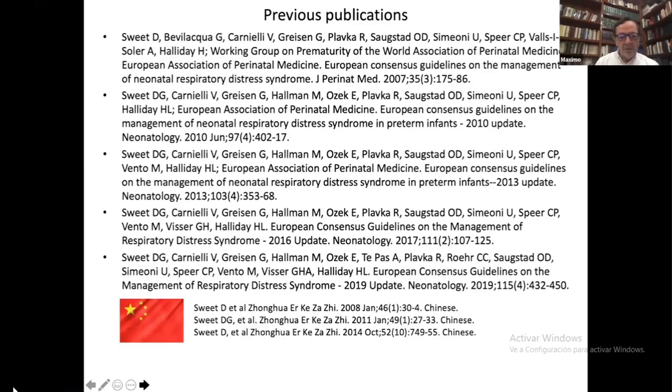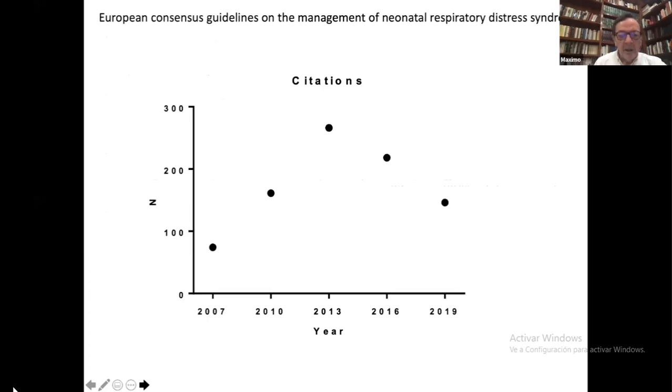My personal participation was in the last 3 editions, and Ola has participated in all of them. Here you have the citations. I would update that the 2019 guideline is already going over 200 citations, and it is a very well-known and followed guideline in Europe.